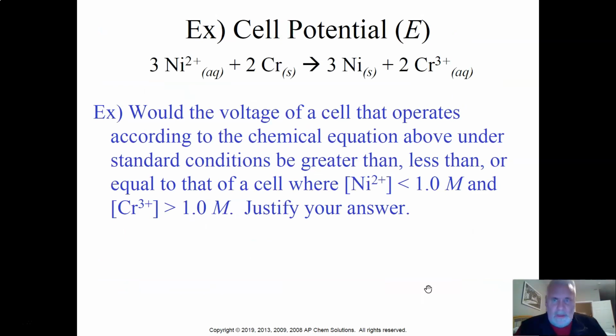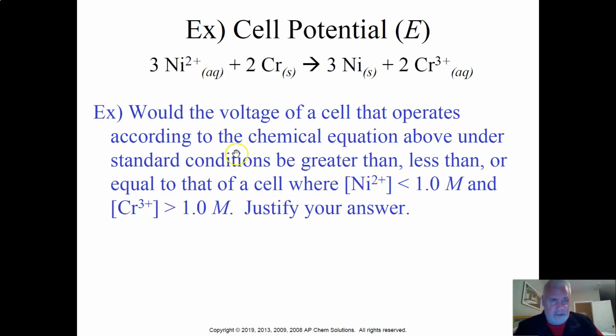Okay, so here we got an interesting question. So you got this nickel with solid chromium giving you solid nickel and chromium plus 3 ions. Would the voltage of a cell that operates according to standard conditions be greater than, less than, or equal to that of a cell?